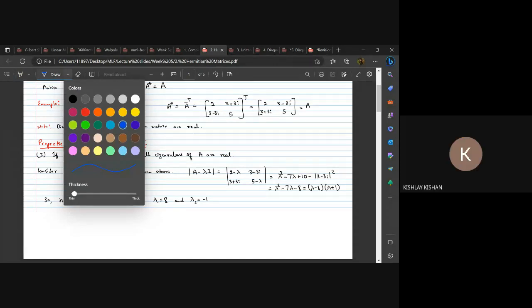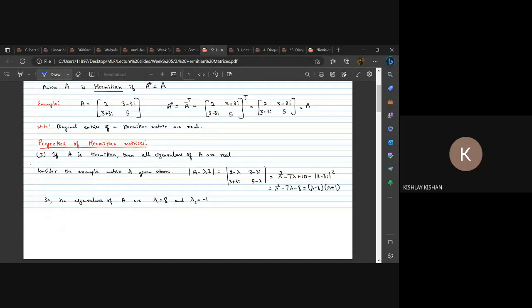And eigenvalues are always distinct in the Hermitian matrix case. Are eigenvalues always distinct? Is that the case?